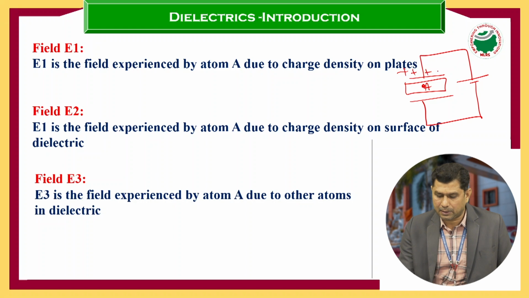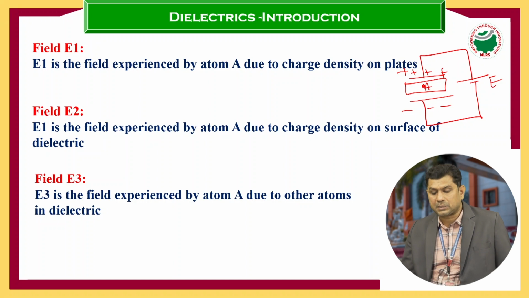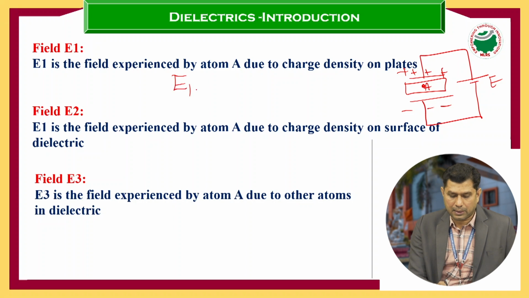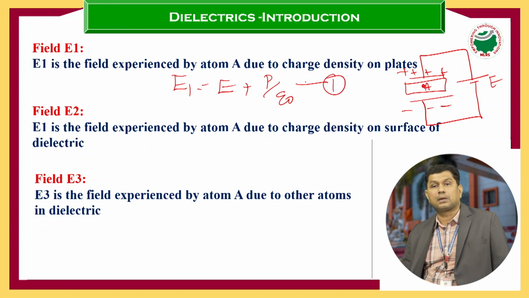Here the charges on the plates are positive and negative. This is the field E. So E1 is the field experienced by atom A due to the charge density on the plates. E1 is nothing but E plus P by epsilon naught. Take this as equation number 1.